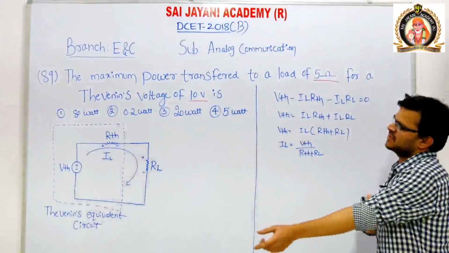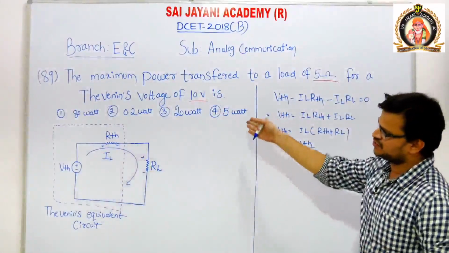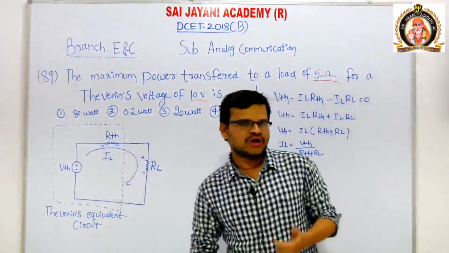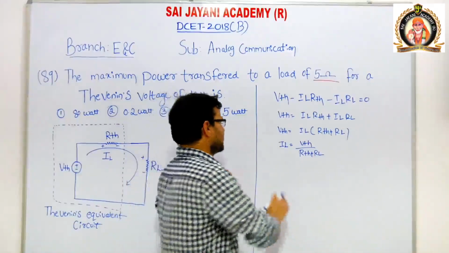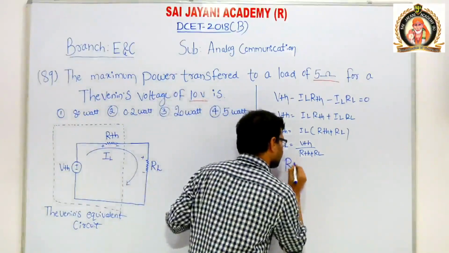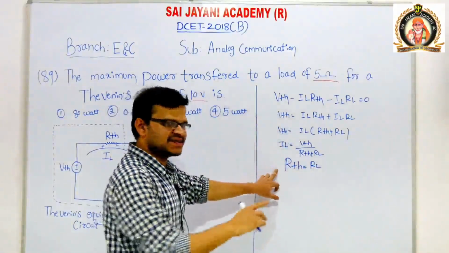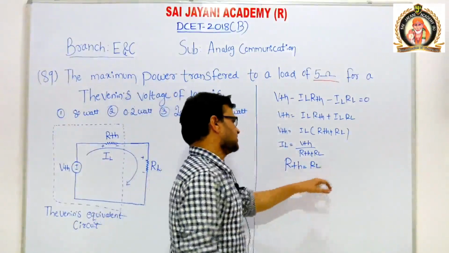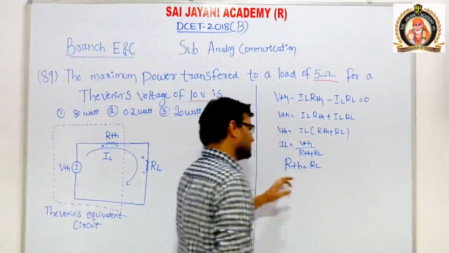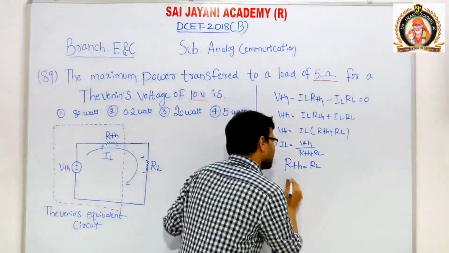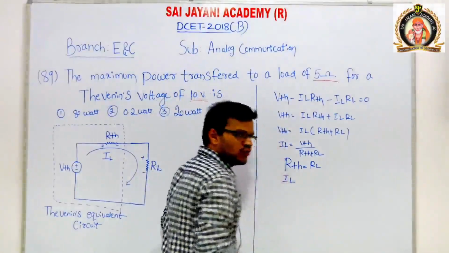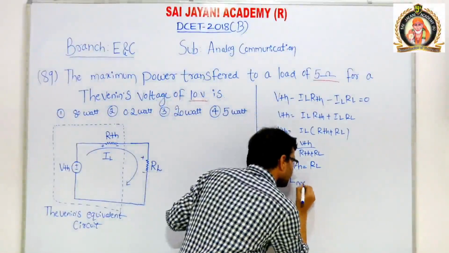In order to find out this, we have one theorem called the maximum power transfer theorem. In this theorem we have RTh is equal to RL. That means Thevenin's resistance is equal to the load resistance. If Thevenin's resistance is equal to the load resistance, then the load current becomes a maximum.